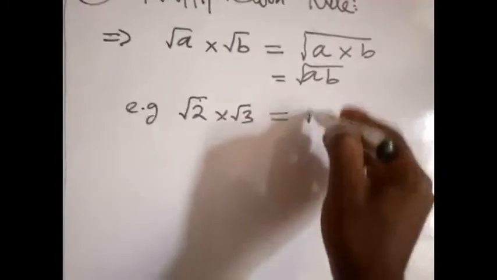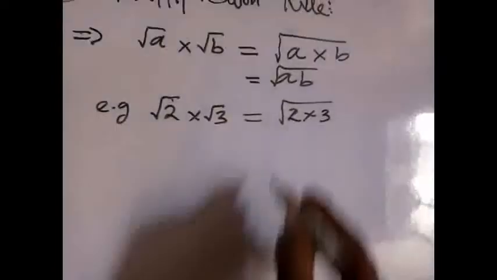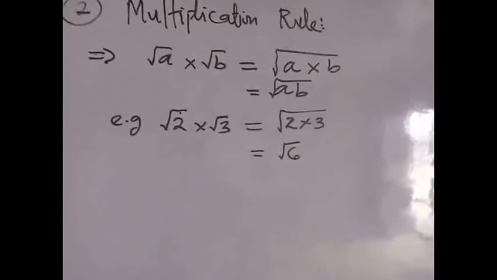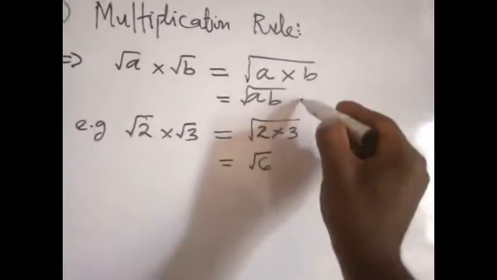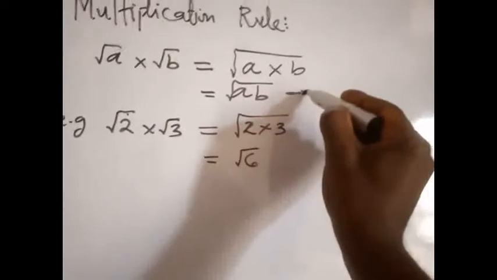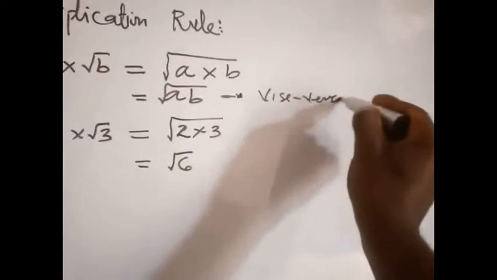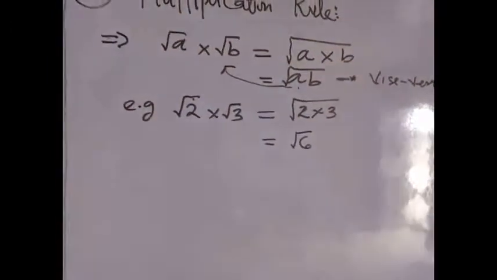So we have root of 2 multiplied by 3, which will give us root 6. When you come across this under the multiplication rule, this is how we are going to simplify it. Now take note of this rule. It is vice versa. That is, this is also equal to this when we are simplifying.